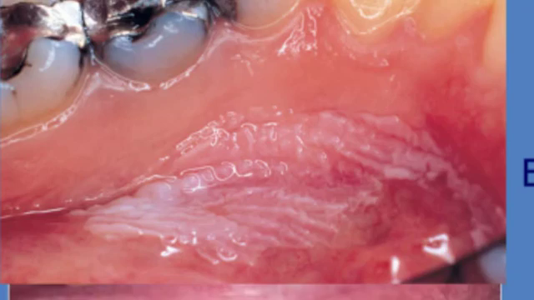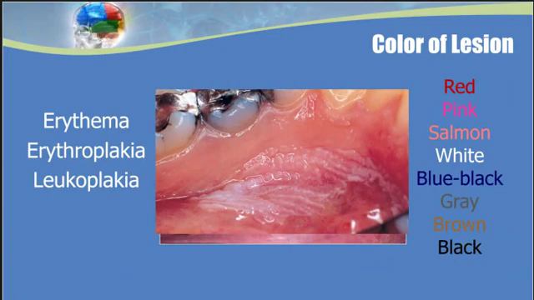You're going to see this very frequently because just about every patient who uses snuff or dip tobacco is going to have a leukoplakia develop. If you were considering the severity of a lesion, I would be less concerned about a leukoplakia than I would an erythroplakia.